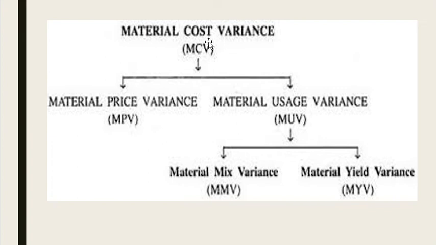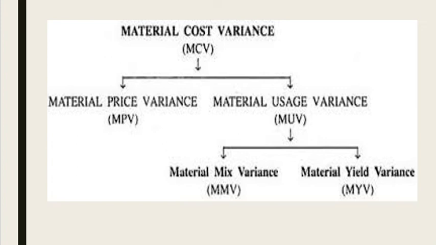But when you get into your actual production, the materials you use will be higher. For example, 100 units is your standard. But due to negligence of the employees, or stoppage of machineries, or damage in the raw material, the level of usage of raw materials will increase.